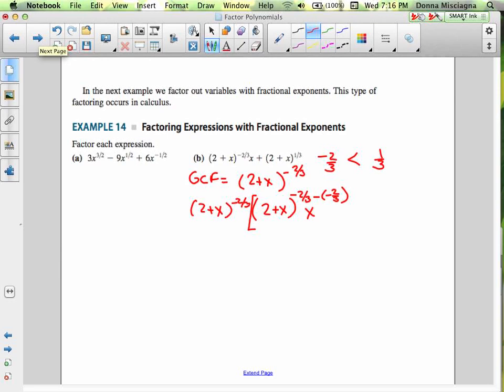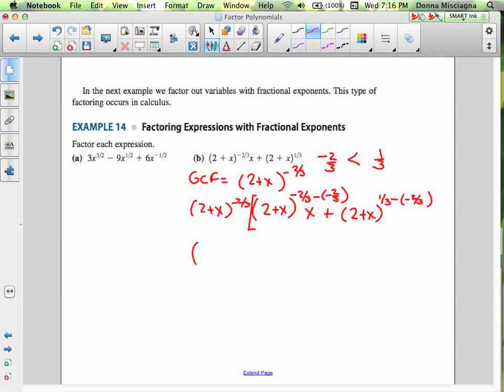We'll put brackets, and then plus 2 plus x to the 1/3 power minus negative 2/3. If we're factoring out 2 plus x to the negative 2/3 power, we're going to subtract the exponents of those like bases of that 2 plus x.